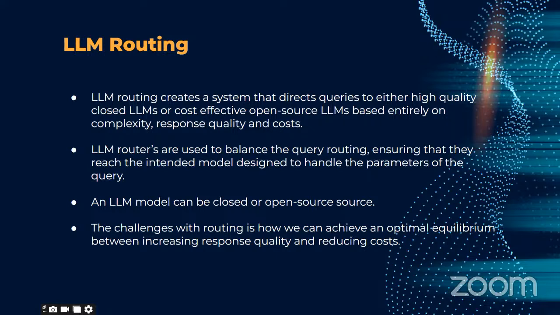LLM routing creates a system that directs queries to either high-quality closed LLMs or cost-effective open-source LLMs based entirely on the complexity, response quality, and costs. So, for example, if we query an LLM and ask it, what is the Pythagorean theorem?